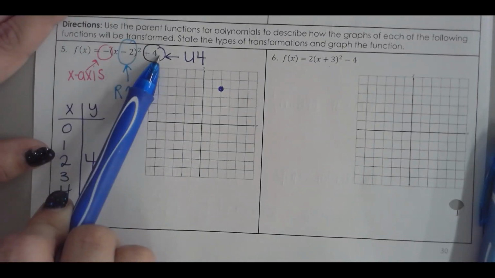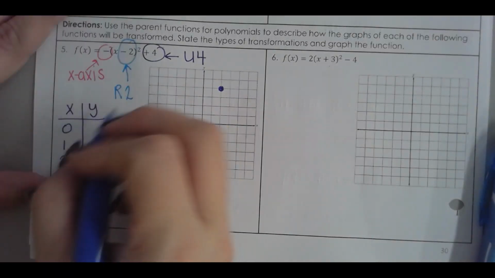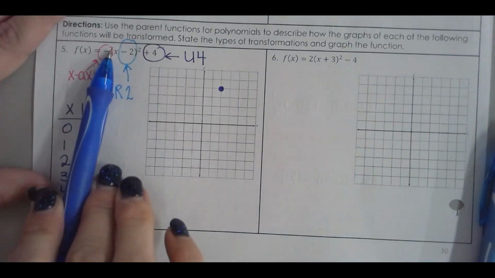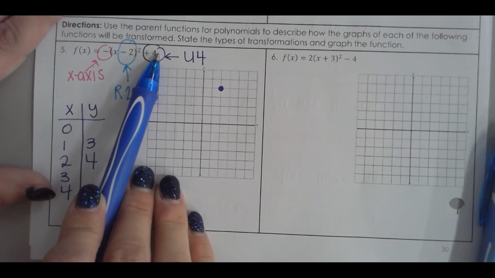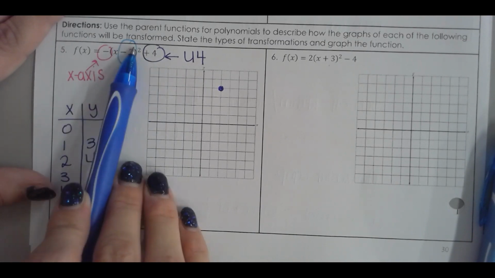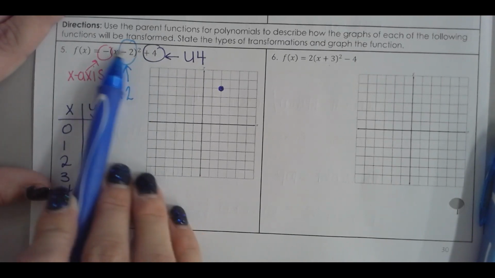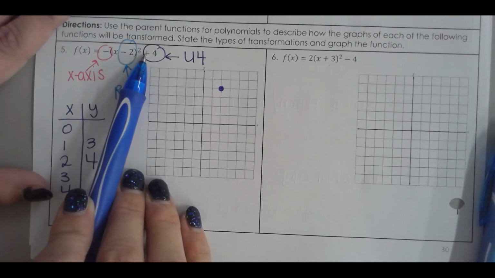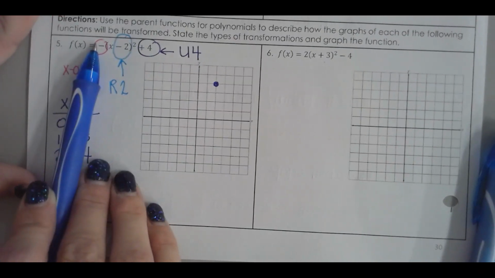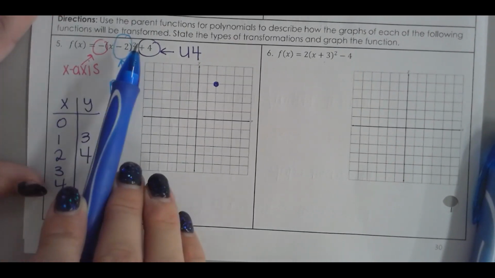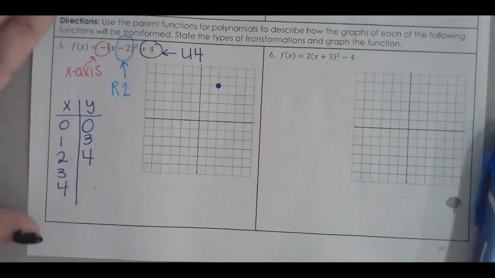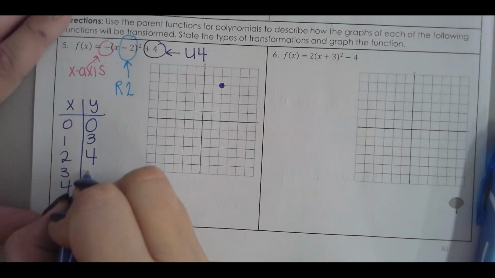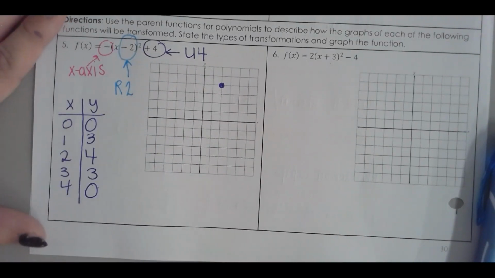Plus 4? 3. Okay. What is 0 minus 2? And I square that, I get 4. Negative 2 times negative 2 is positive 4. But there's a negative in front, so that's going to make it negative 4. Plus 4 is 0. And the cool thing about parabolas is that they are symmetric, so we should also have a 3 and a 0 there.